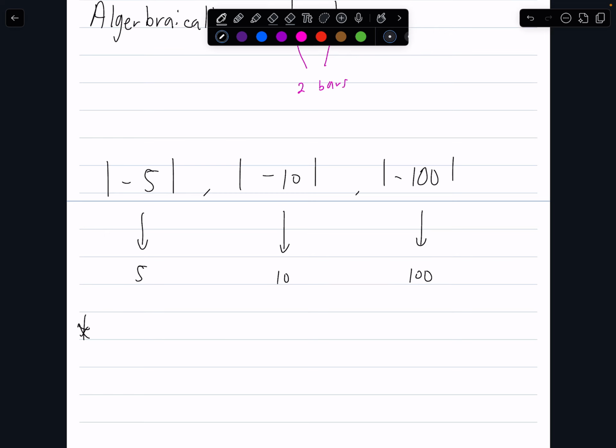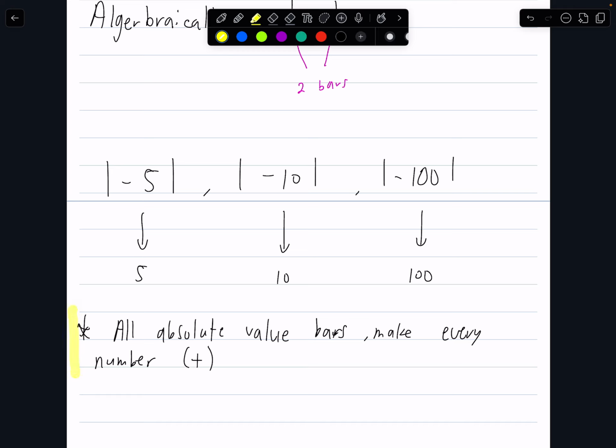So this is the first characteristic. All absolute value bars make every number positive. This is one of the key concepts of absolute value.